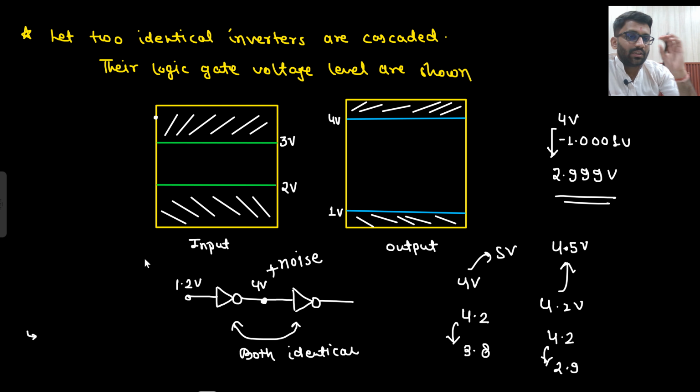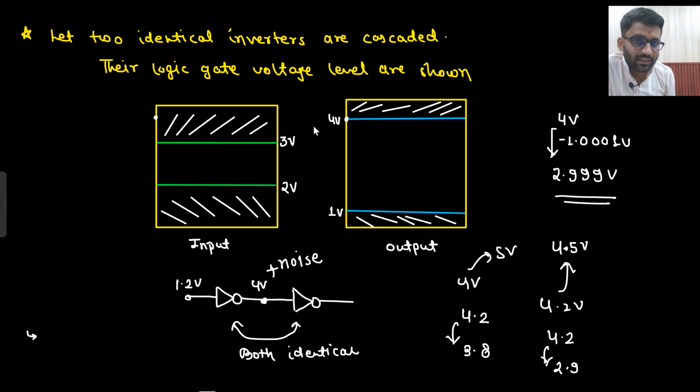So what is the margin you are having? You are having a margin of 1 volt, if your worst case output could be 4 volt. If your worst case output has occurred, that means if 4 volt has occurred, then you have the maximum margin of 1 volt only. Because if the noise takes it down more than 1 volt, let's just say to 2.9999 volt, then input is not able to detect it.